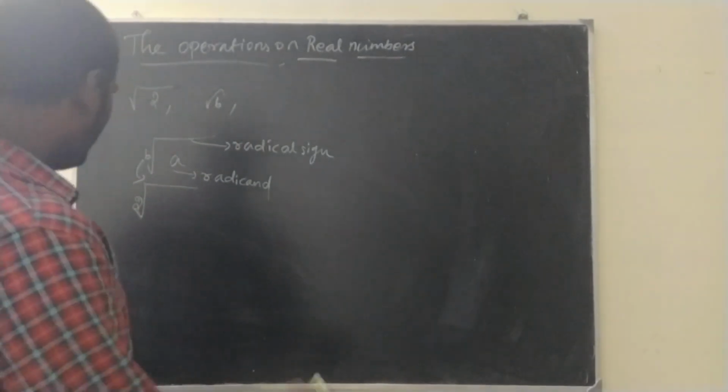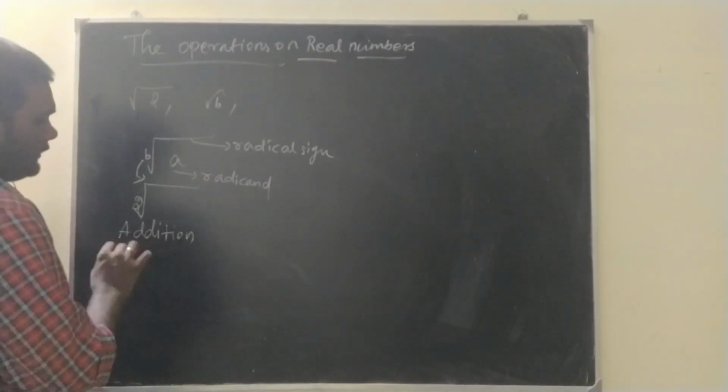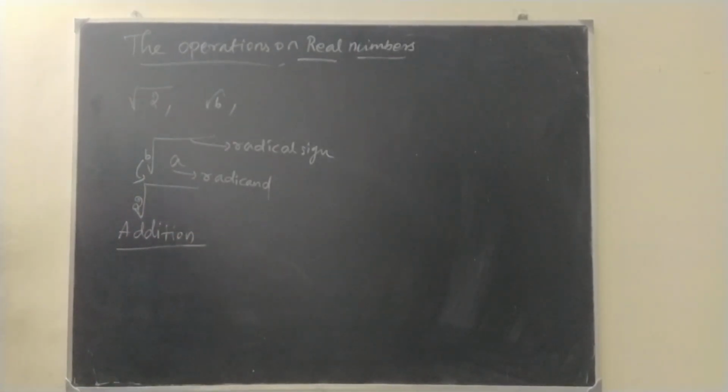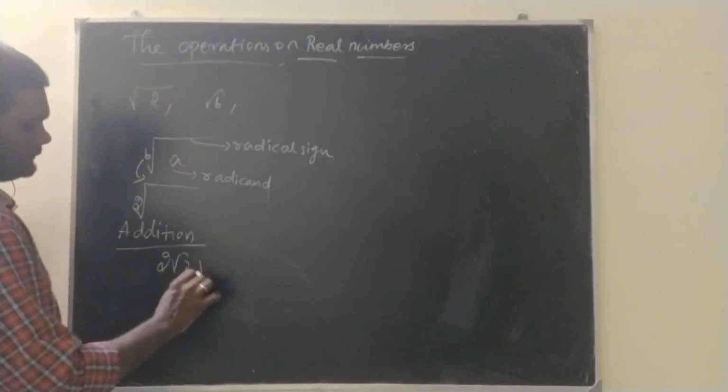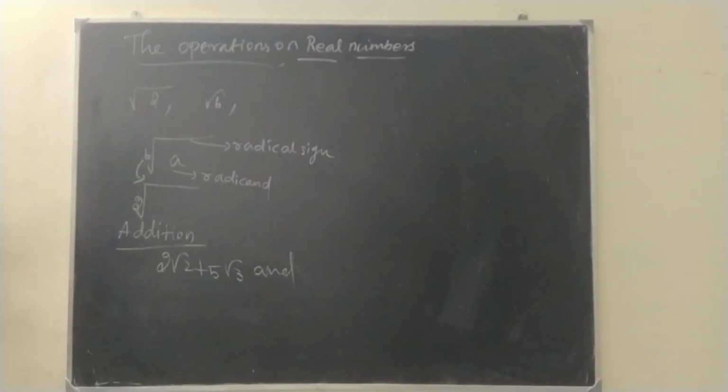Also, adding two radical numbers. We'll go with the example itself. The first and foremost example is 2 root 2 plus 5 root 3 and root 2 minus 3 root 3.